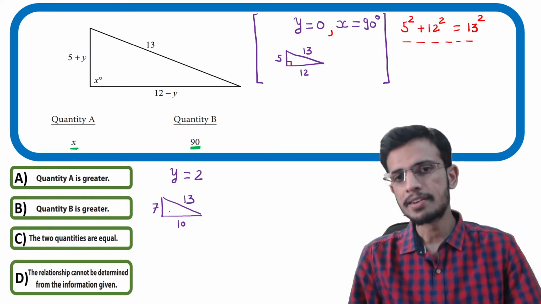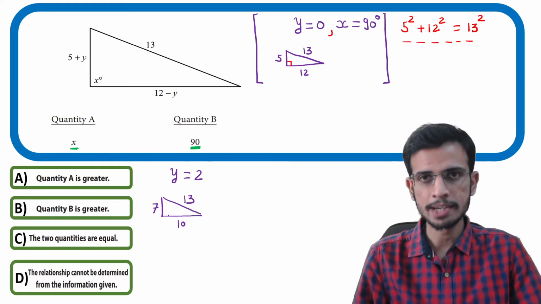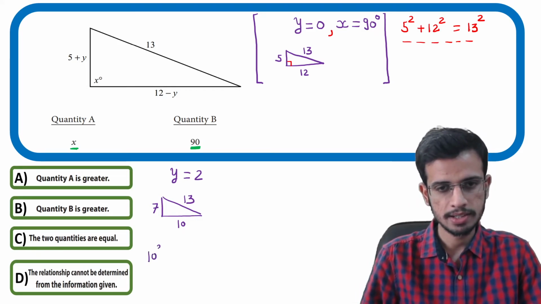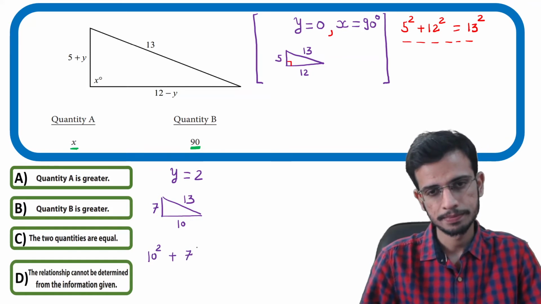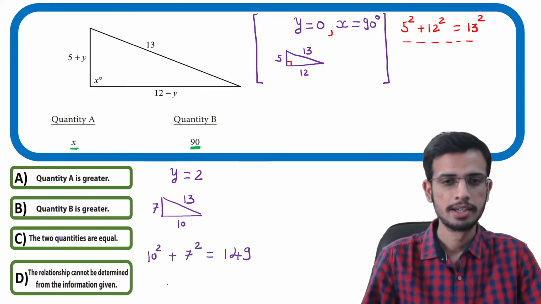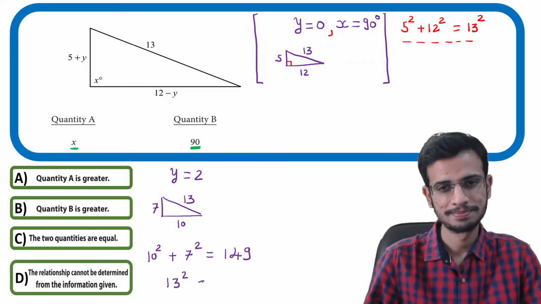Will it be a right angle triangle? So what is 10 square plus 7 square? It is 149. What is 13 square?